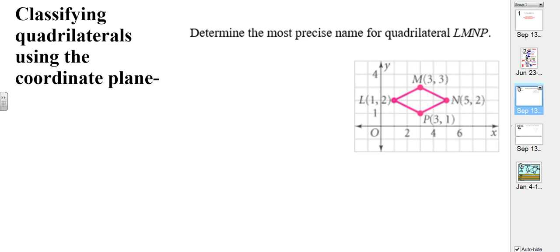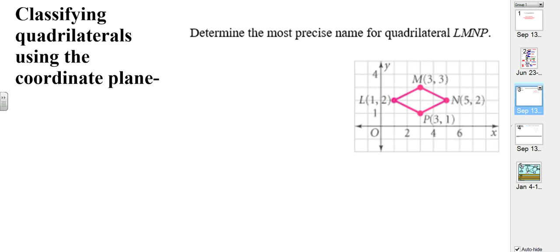All right, so it says determine the most precise name for quadrilateral LMNP. Well, I can determine what it looks like, and then I can see which one is the most precise name.